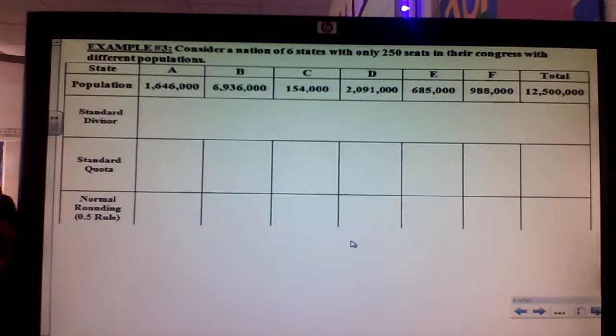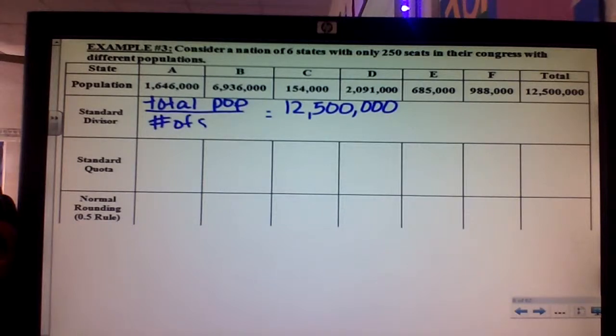So again, standard divisor, I need a total population, which is what in this case? 12,500,000. And I need to divide that by the number of seats. What am I dividing by? 250. I'm giving away 250 seats in Congress.